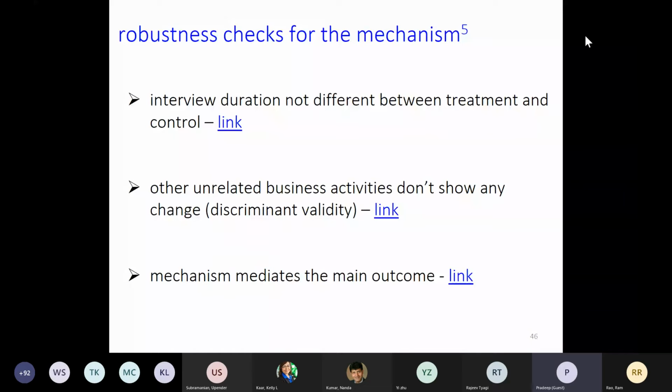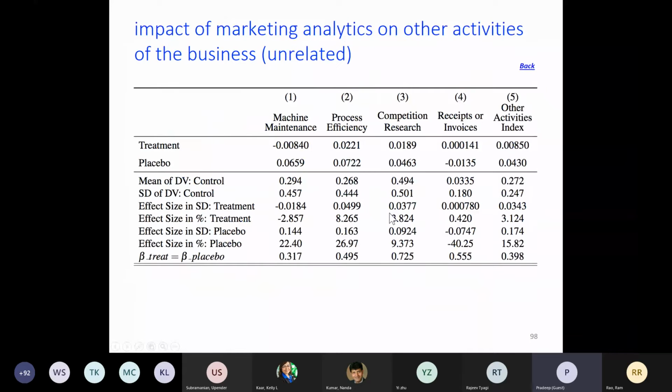We did a bunch of robustness checks for the mechanism. First of all, the issue was maybe the control group were not paying as much attention to these various tests that we were giving them compared to the treatment group. So we looked at the overall duration of the interview and did not see a significant difference between the treatment and the control group. As discriminant validity, we also looked at some unrelated tasks that the entrepreneur might have engaged in, things like machine maintenance and process efficiency.